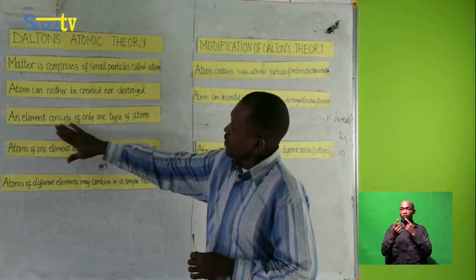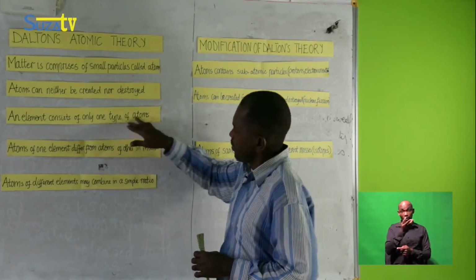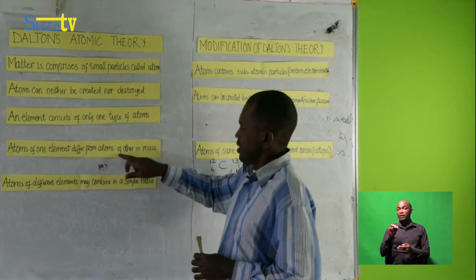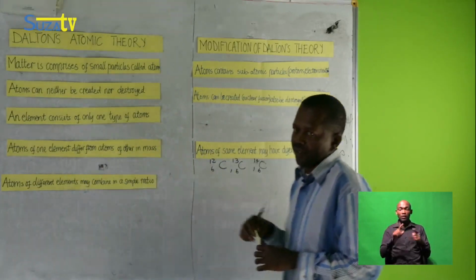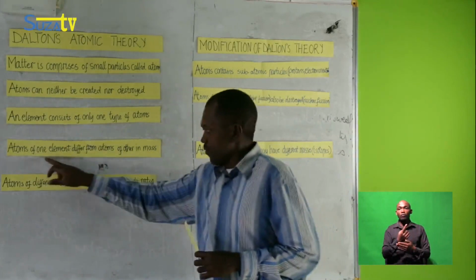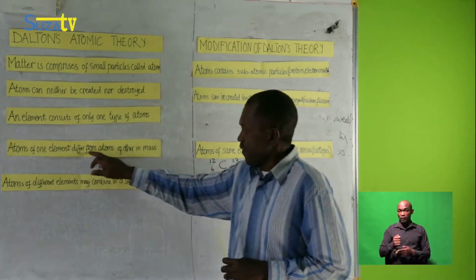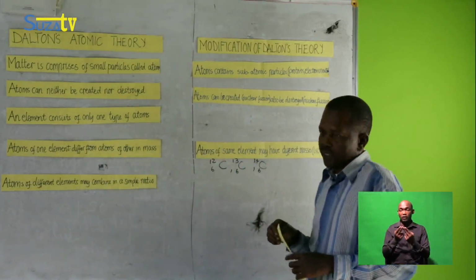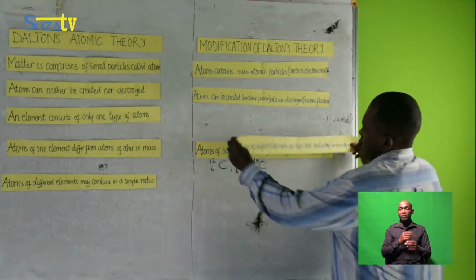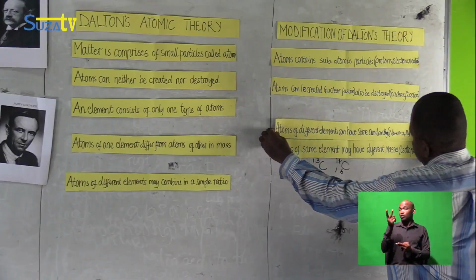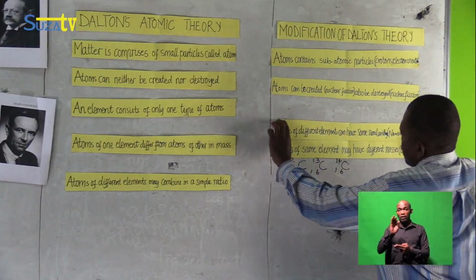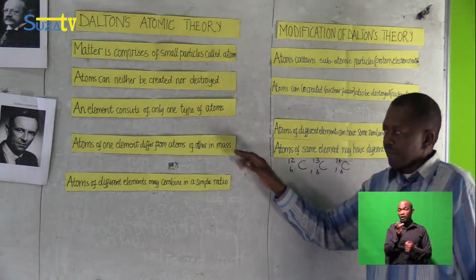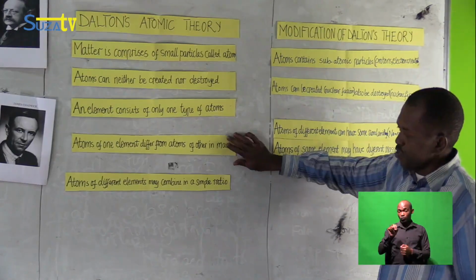Look at this. An element consists of one type of atom. This one, atoms of one element differ from atoms of another in mass, also in some properties. So there are two modifications that come to challenge the postulates of Dalton atomic theory.